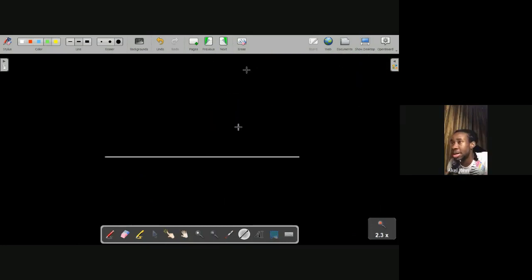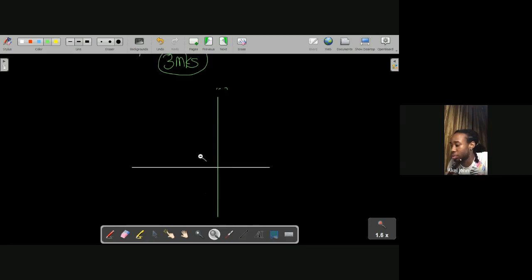The white line refers to the x-axis and the green line refers to the y-axis. And then let's draw our quadratic.